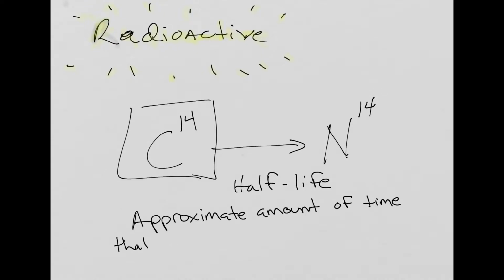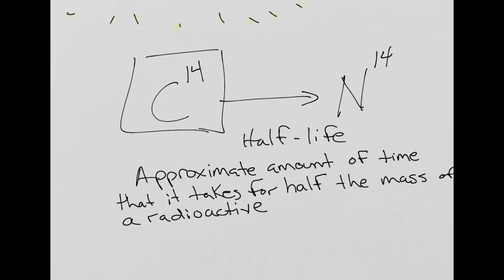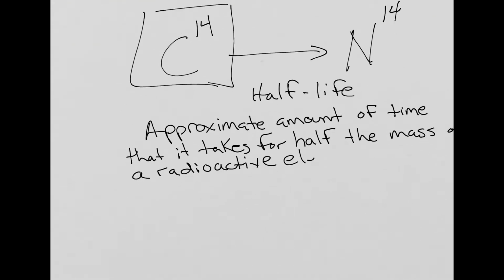Each radioactive element has a half-life, which is the approximate amount of time that it takes for half the mass of a radioactive element to decay into a stable form.